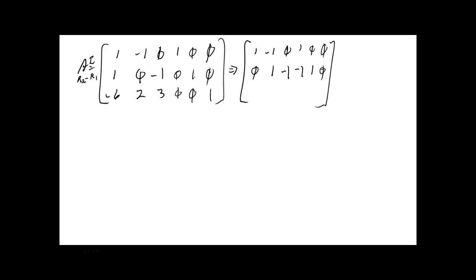And what are we going to need to do to make that happen? Multiply by 6. Okay. Row 3 added to 6 times row 1, right? That'll do it, right?